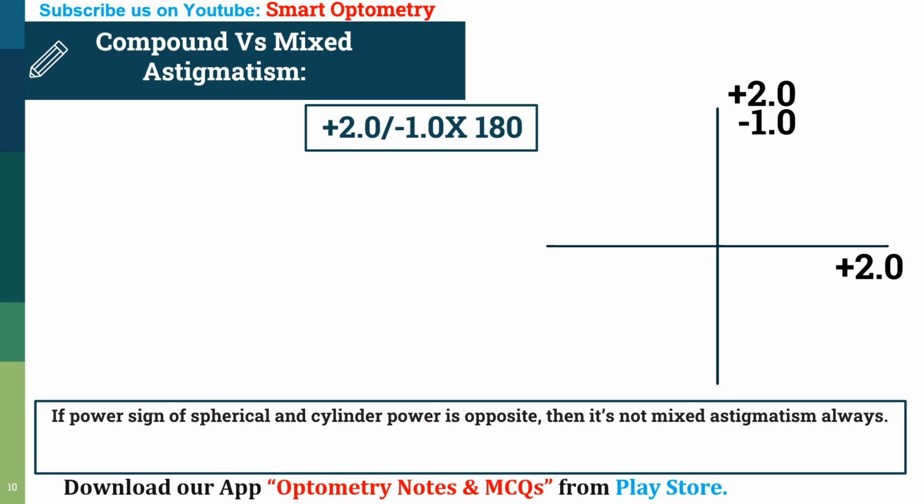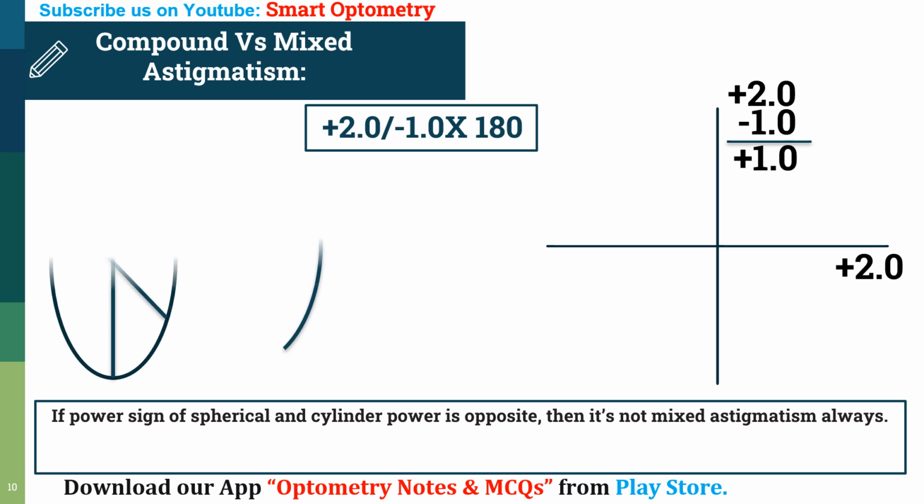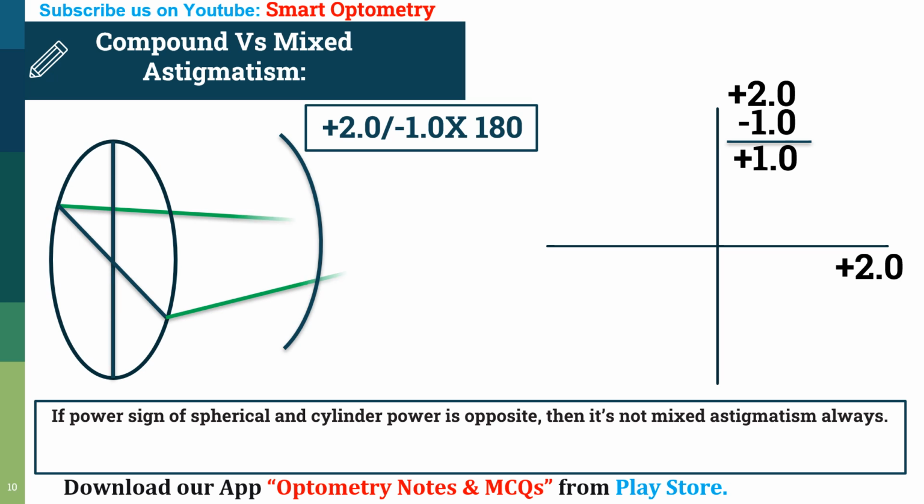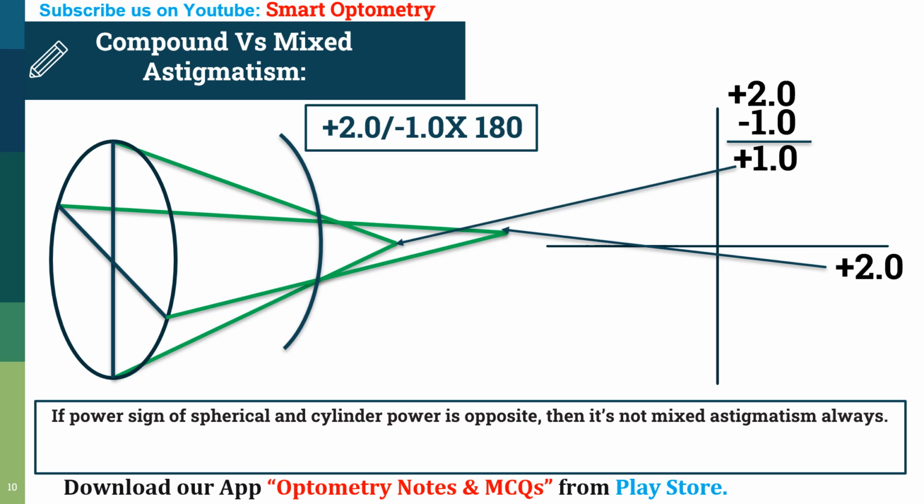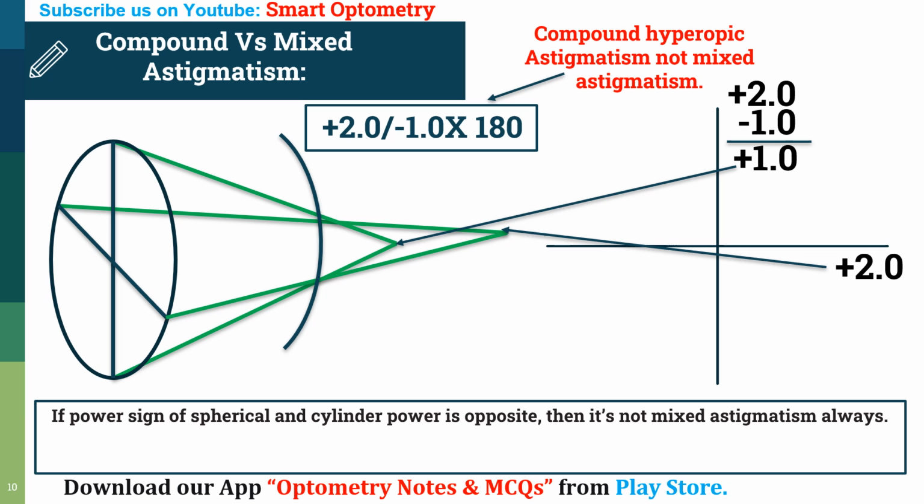So in the horizontal meridian we have plus 2 and in the vertical meridian we have total power plus 1. Now if we draw a ray diagram, then plus 2 will be somewhere here and plus 1 will be somewhere here. So this is an example of compound hypermetropic astigmatism, not mixed astigmatism.